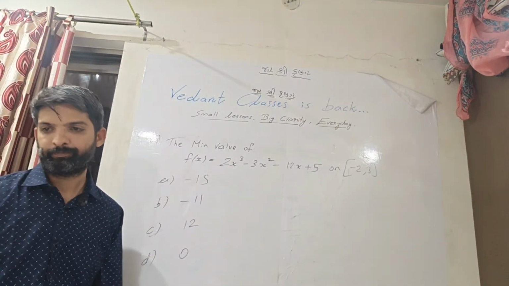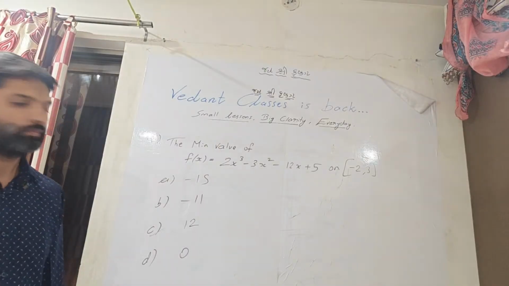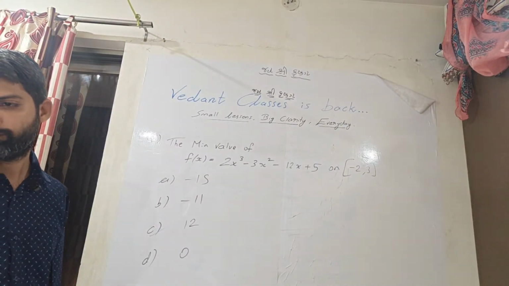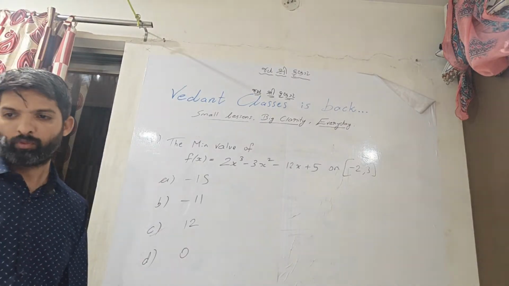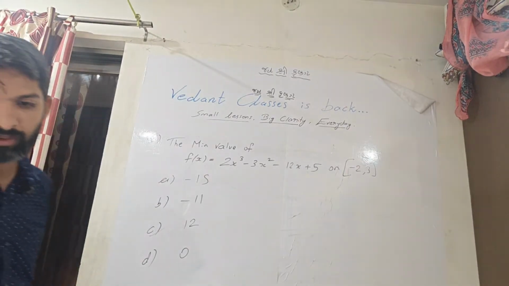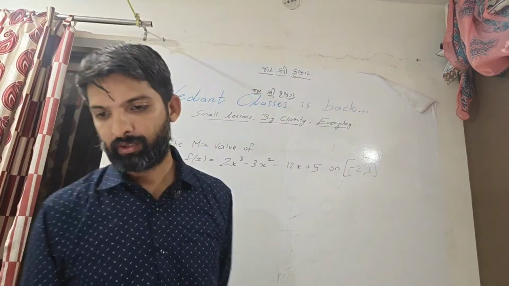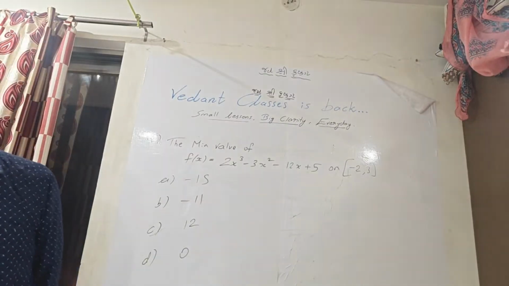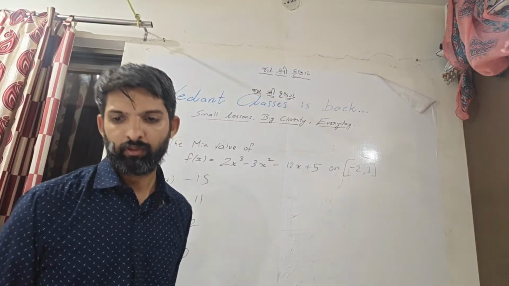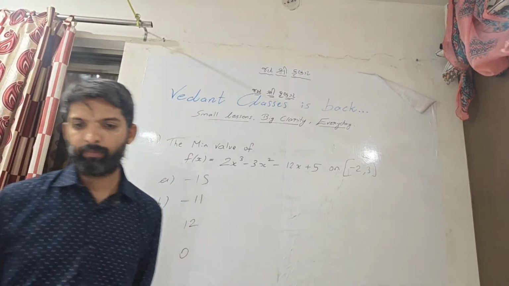Okay, minus 15, option A. Or are we saying A? Okay, option D. Minus 15.